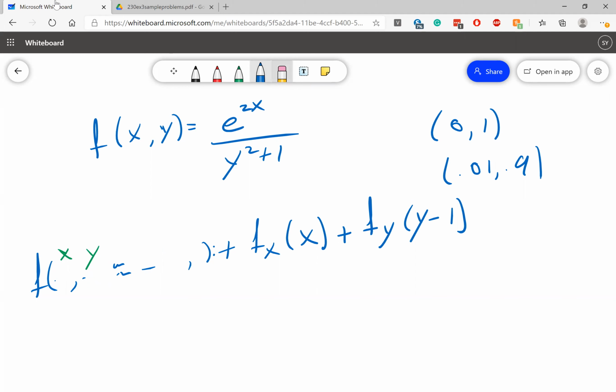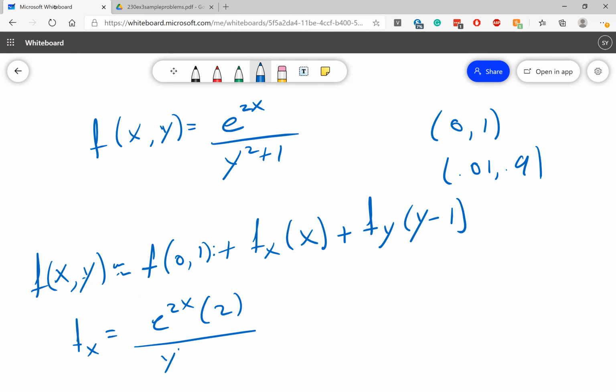Fine. I'm going to rewrite this and start the way it should be. So f(x, y) is approximately f at (0, 1) plus the partials. The partial of f with respect to x is going to be e^(2x) times 2 over y squared plus 1.